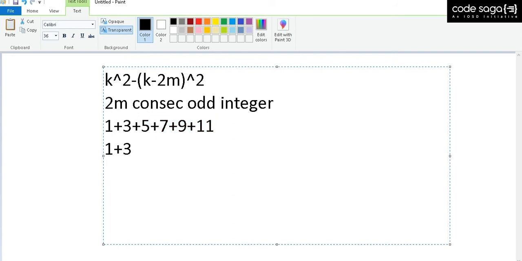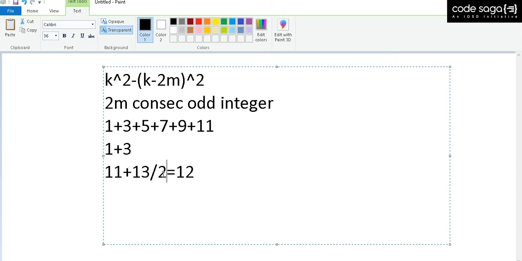Now we can prove that for any two consecutive odd integers, the sum of them will have a factor of 4. How we can prove that is because, say, 11 plus 13 divided by 2 will be 12. So any consecutive odd integers, when added and averaged, give the even number between them, which has a factor of 2.